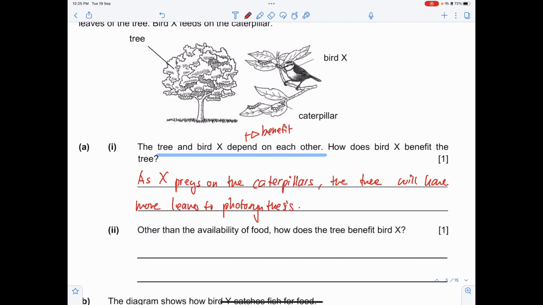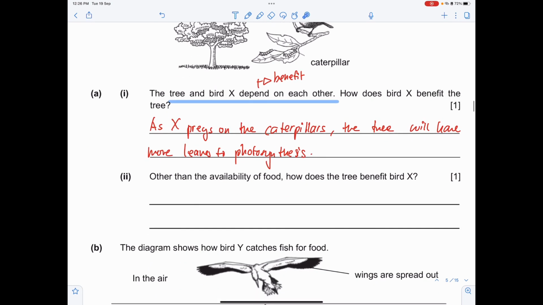So you cannot just say that the bird eats the caterpillars, full stop. That is actually like a cause. So what's the effect? The effect of that is that the trees will have more leaves. So how does that benefit? That can photosynthesize more, and photosynthesize means more food.